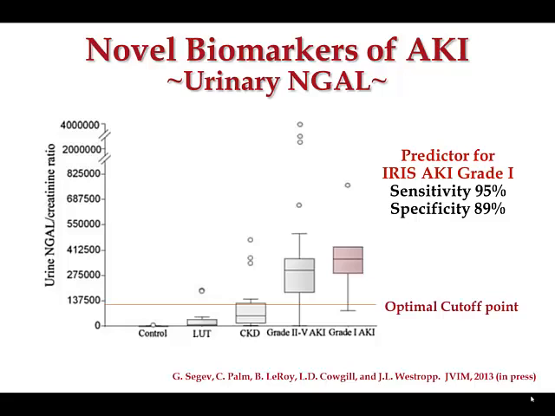Urinary NGAL was very, very specific for acute kidney injury, for all grades of AKI, but also very specific about picking up these early grade 1 AKI patients.